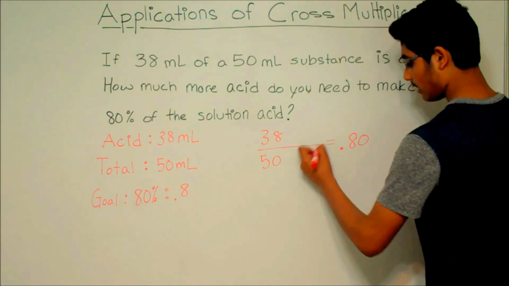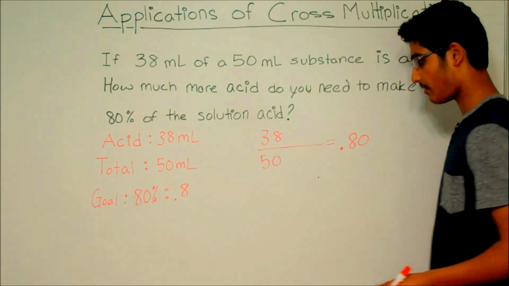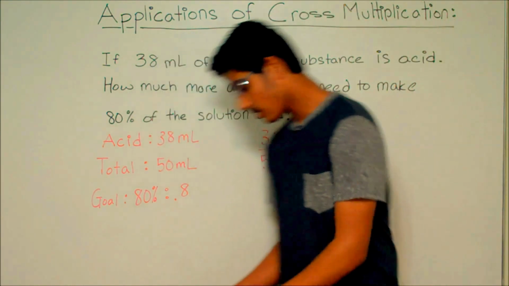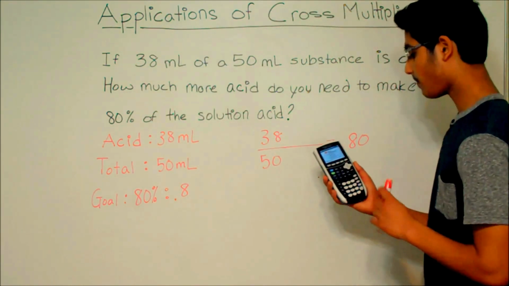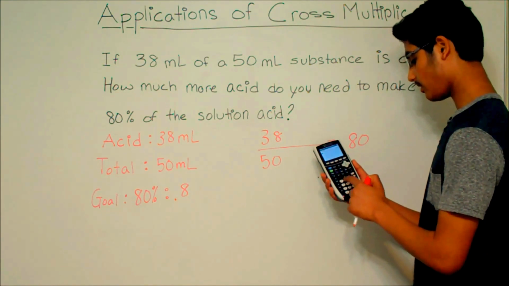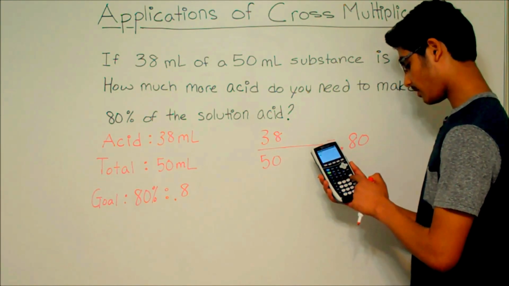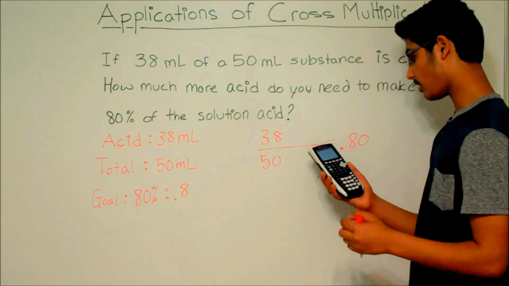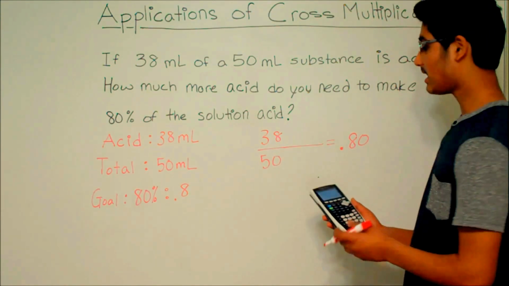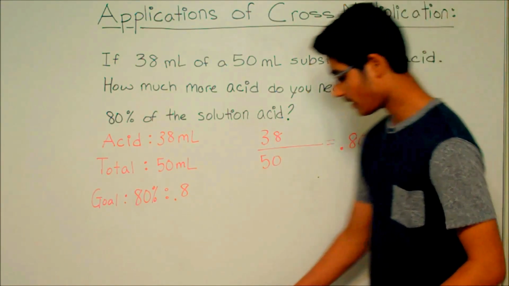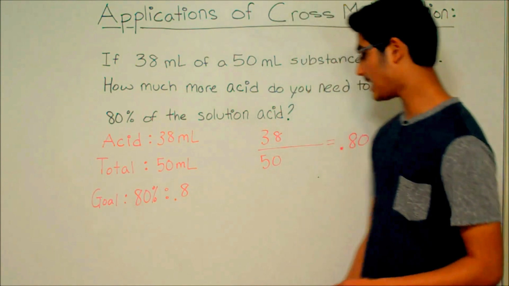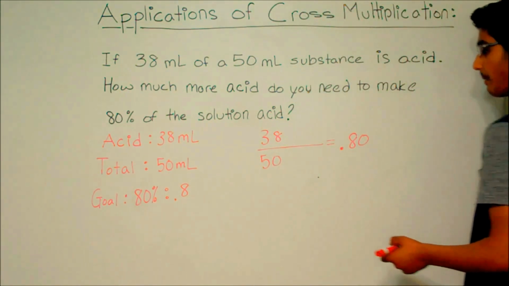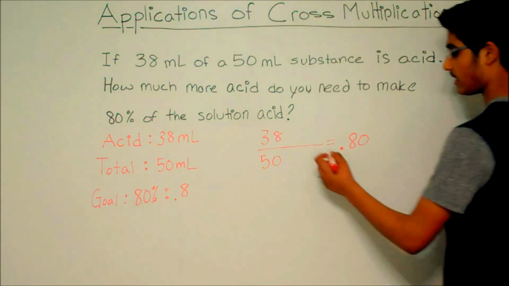Now, let's first see how much acid we have right now. The percentage is 38 divided by 50, which is 0.76. So this is 76% acid. As we can see, we need to add some acid to make it 80%.